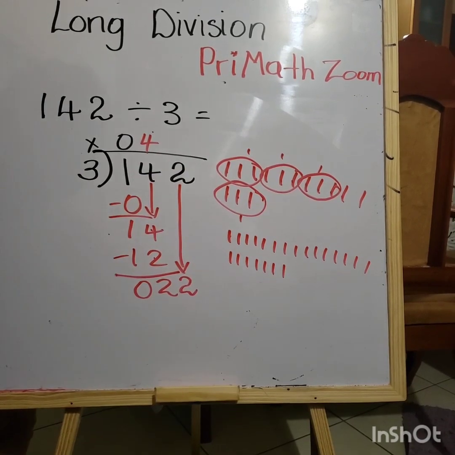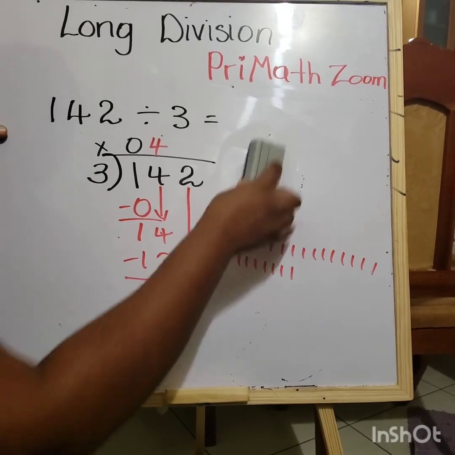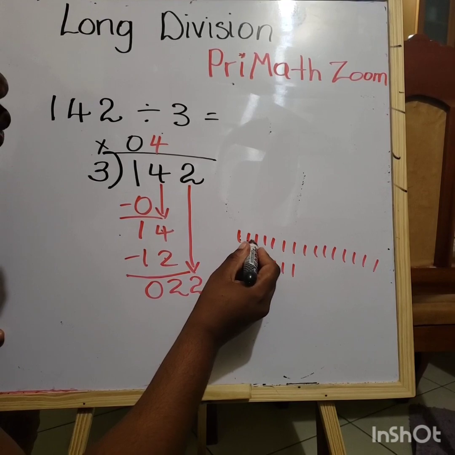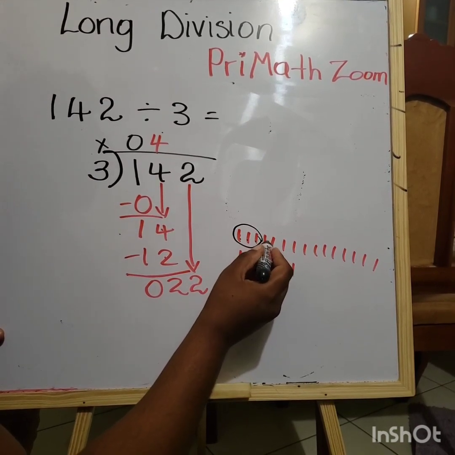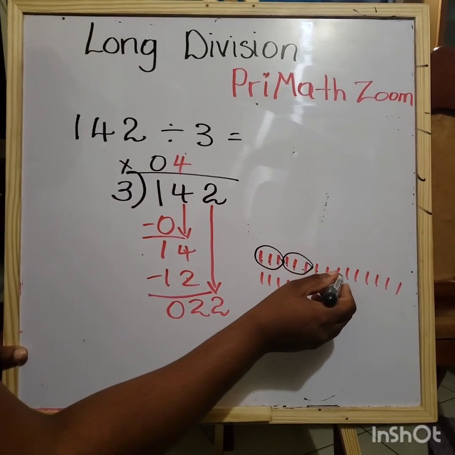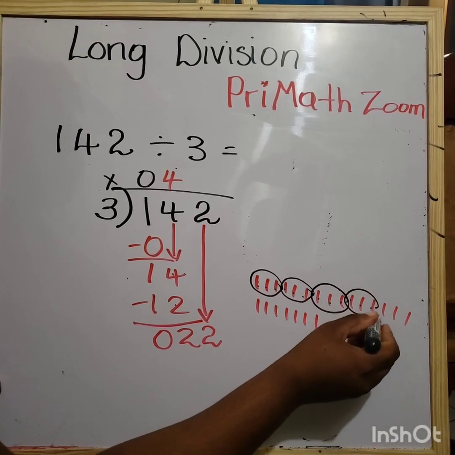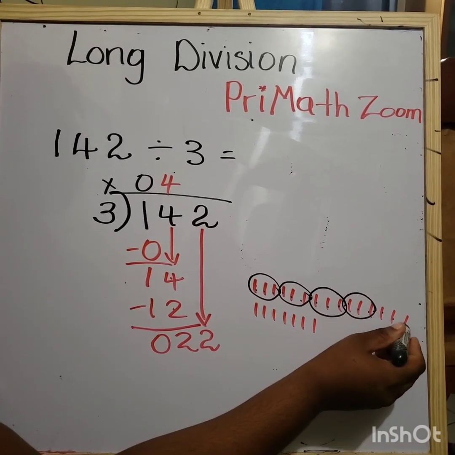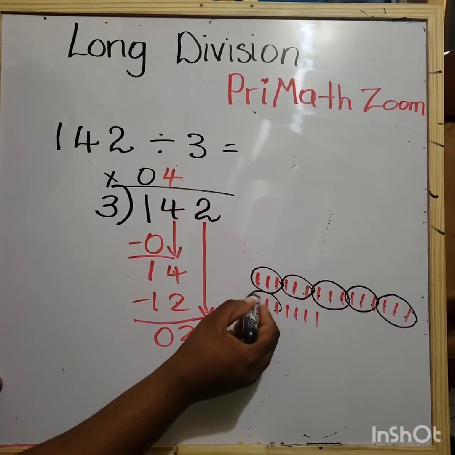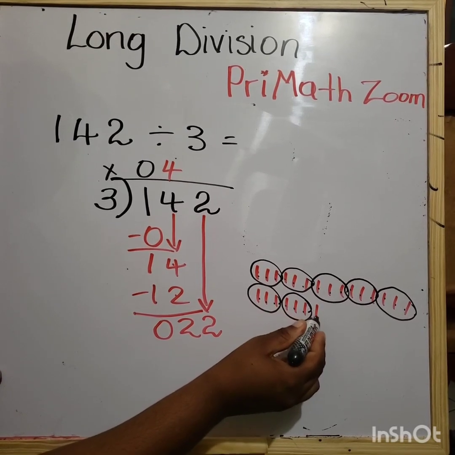All right, let me just erase this top part here so as not to confuse us. And let's go. 1, 2, 3. 1, 2, 3. 1, 2, 3. 1, 2, 3. 1, 2, 3. 1, 2, 3. 1, 2, 3. 1.